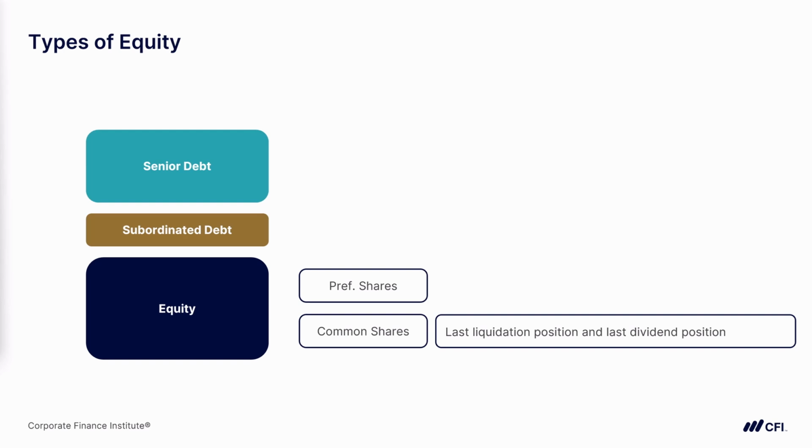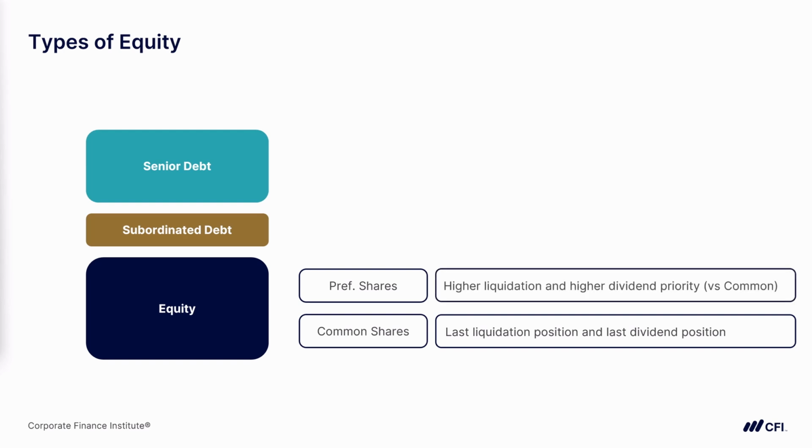Well, if the company was liquidated, all the debt holders would be paid first, and then the equity providers would then be paid. And amongst the equity providers, it is the common shareholders which would be in the last liquidation position. Now, as you probably have guessed, preferred shareholders are in a higher liquidation position than common shareholders and also have a higher dividend priority versus common, hence the name preferred shareholders.